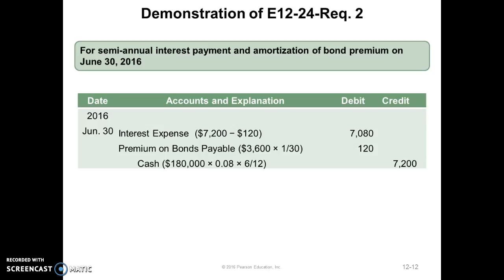That's how you get the 120. You take the 7,200 minus the 120, and that's the interest expense. And you can see that we would make a similar journal entry semi-annually at December 31st, 2016.